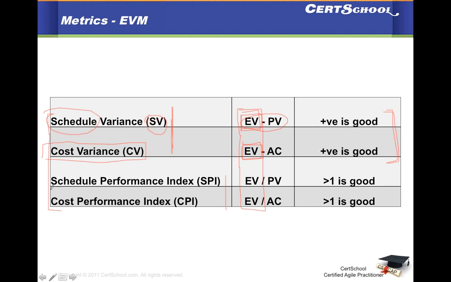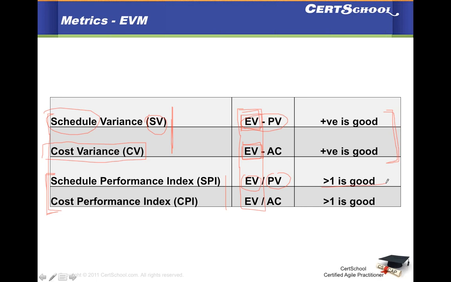And then you have the indices. You're trying to assess the same thing, but in an index form. This is very useful when you're putting them in bigger formulas. So schedule performance index is earned value divided by planned value, and if it is greater than 1, then it is good.